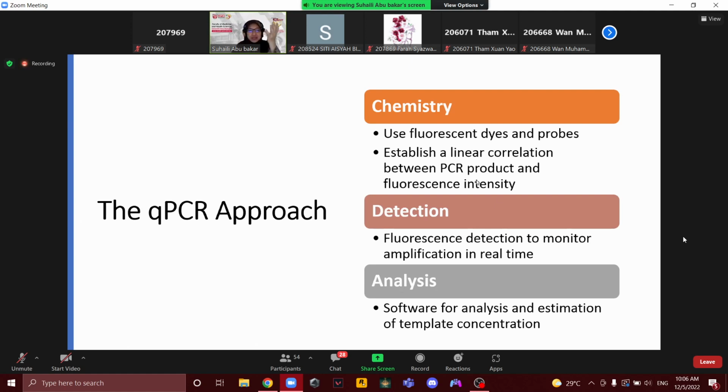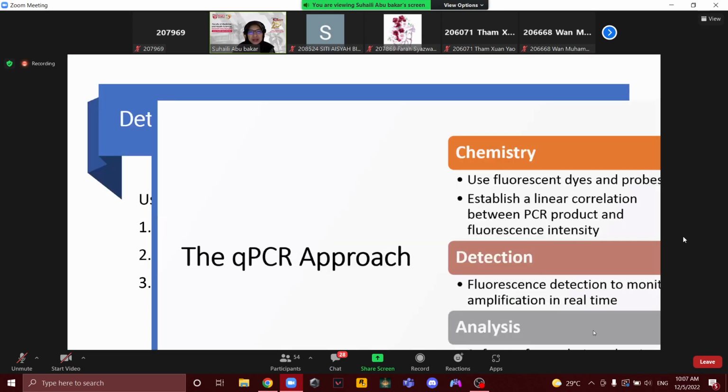When you get the fluorescent signal, that is the PCR product. Then we detect this dye and monitor: fluorescent detection to monitor amplification in real time. For analysis, we need the software to analyze and estimate the template concentration.